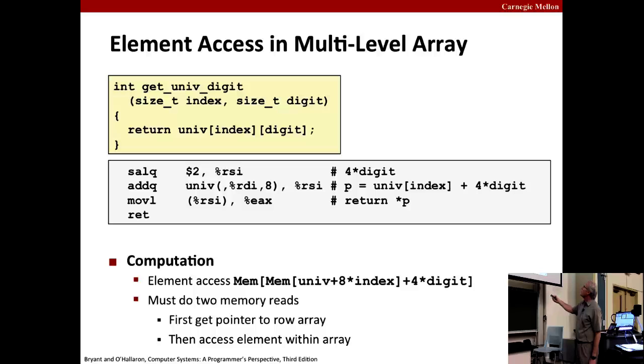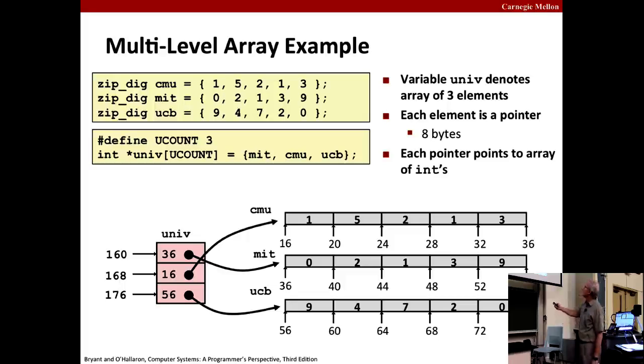And that's what this reference is doing here. First of all, it's shifting RSI left by 2, which is equivalent to scaling the digit by 4, because it's getting ready to take that digit parameter and scale it appropriately.